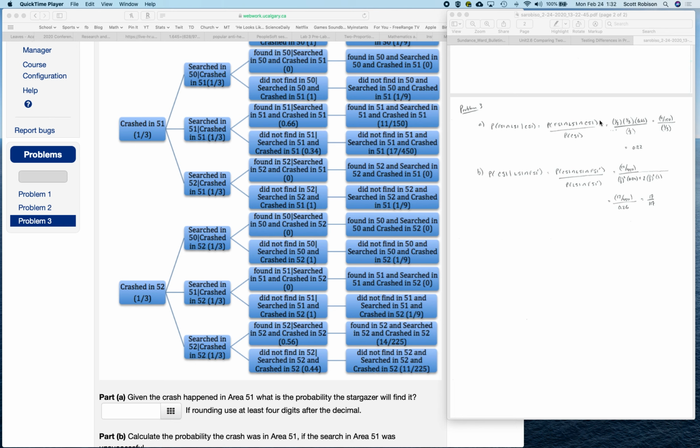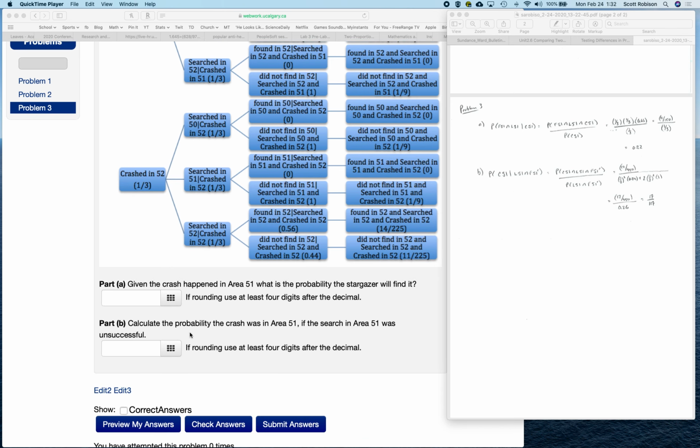That's just the numerator. Then we're dividing it by the probability that it actually crashed in 51. What's the probability it crashed in 51? 1/3 chance. So I've got 11 over 150 divided by 1/3, which gives me the answer of 0.22.